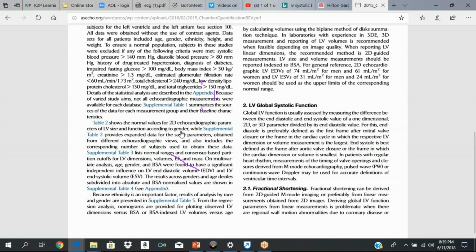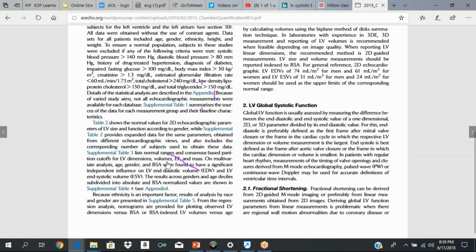Males and females tend to have different size hearts, so you have to give the values for both genders. Supplemental table 2 provides expanded data for the same parameters obtained from different echocardiographic views, and also includes the corresponding number of subjects used to obtain these data. Table 3 lists normal ranges and consensus based partition cutoffs for LV dimension.